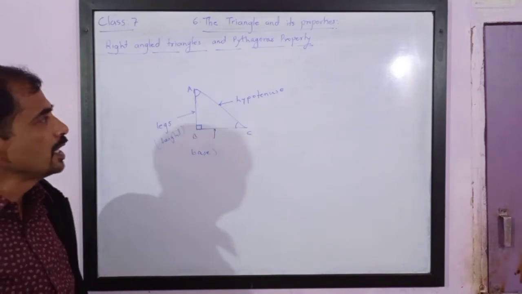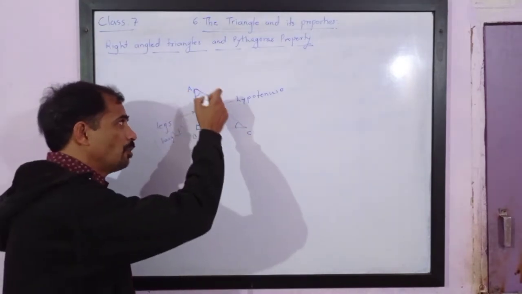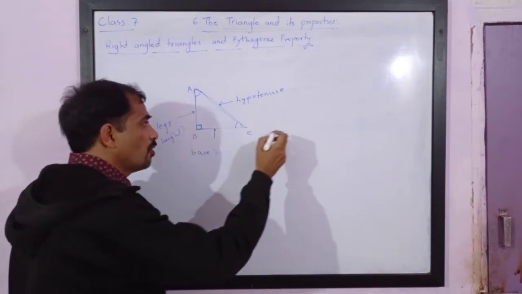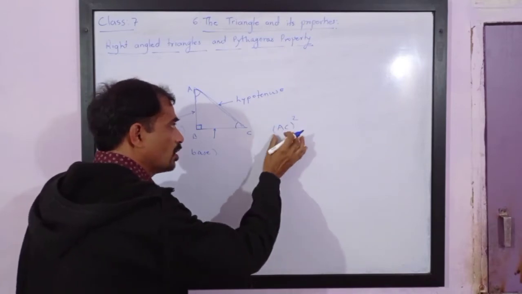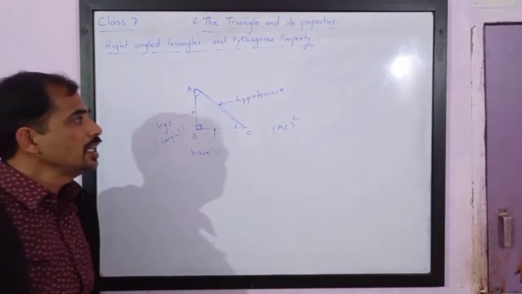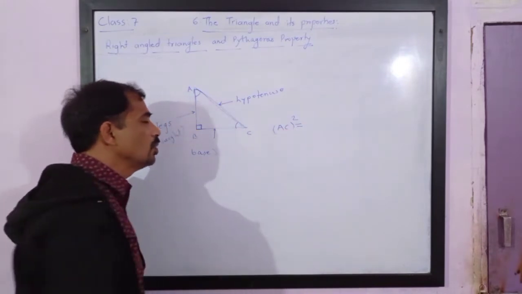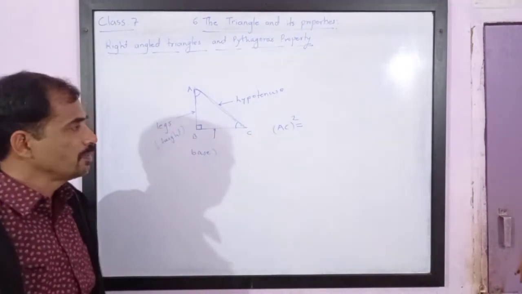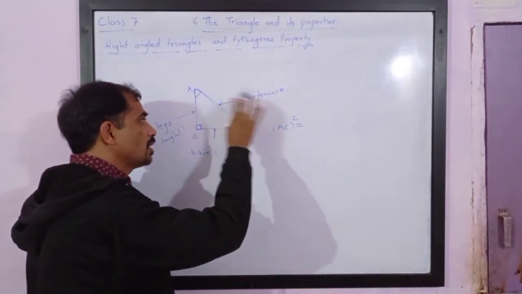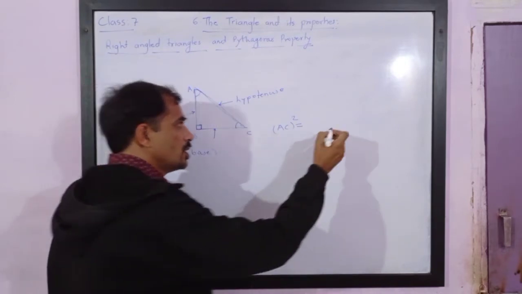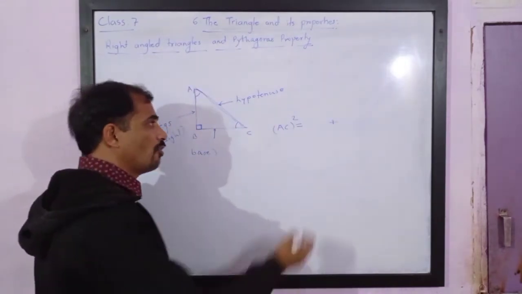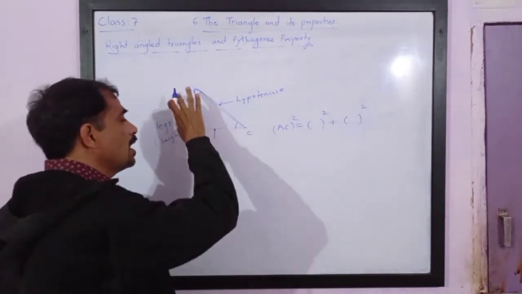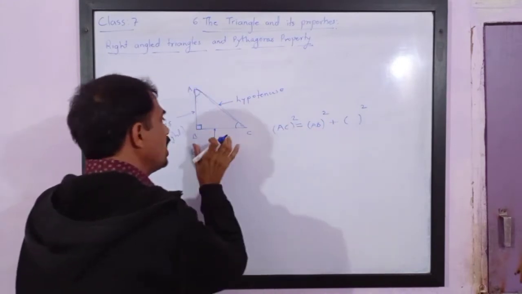The property states that the square of the hypotenuse, that is the square of the length of the side opposite to the right angle, that is AC square, is equal to the sum of the squares of the remaining sides. Remaining sides are AB and BC.